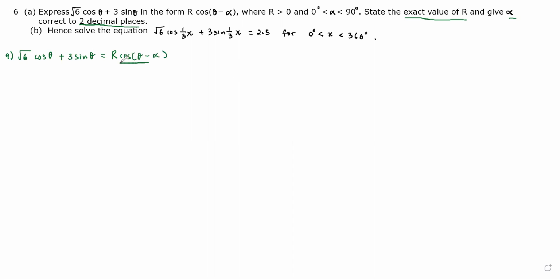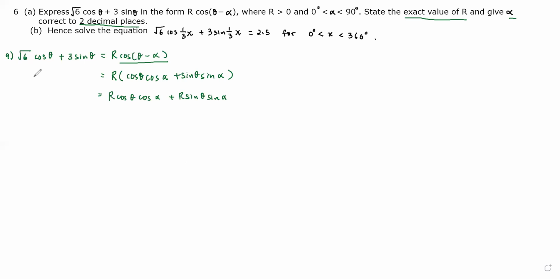We expand cos of theta minus alpha using the compound angle formula. That will give us cos theta cos alpha plus sine theta sine alpha, which can be written as r cos theta cos alpha plus r sine theta sine alpha.